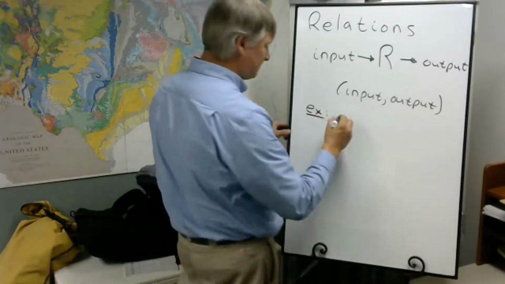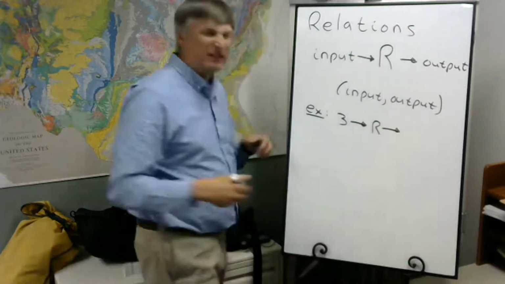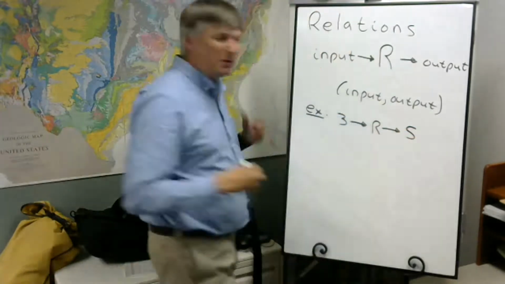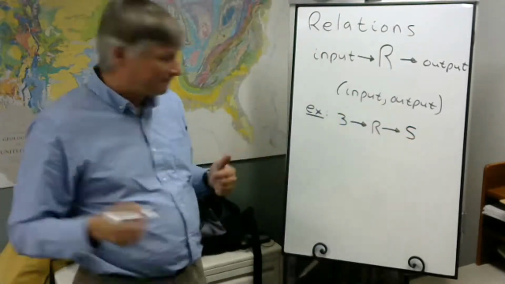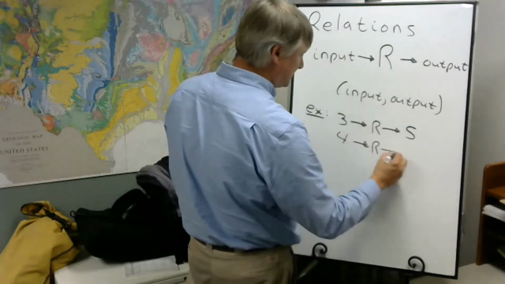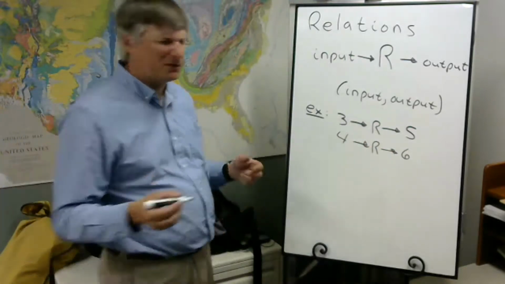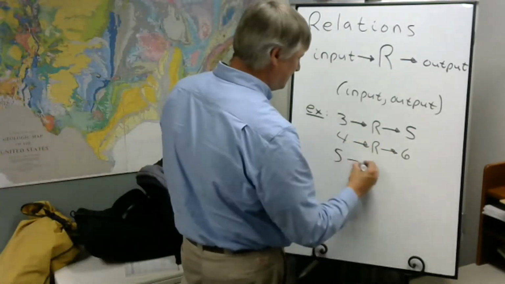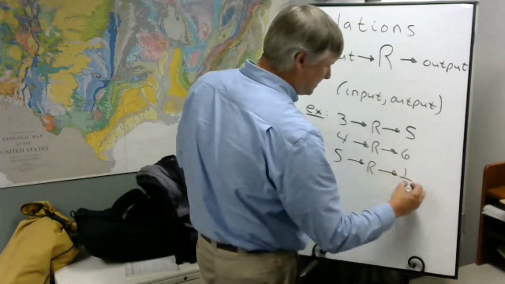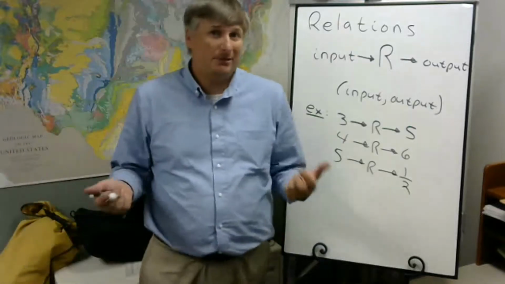So for example, let's say we have 3, we put it into our relation, think of it like a factory. We put in a 3, you get a 5. We don't know why we get 5, but we do. Then let's say we put in 4, and as an output, we get 6. Maybe we see how this is working. So if we put in 5, does that mean we get 7? For some reason, who knows why, we get 1/2. Okay, fine, that's how the relation is doing things.